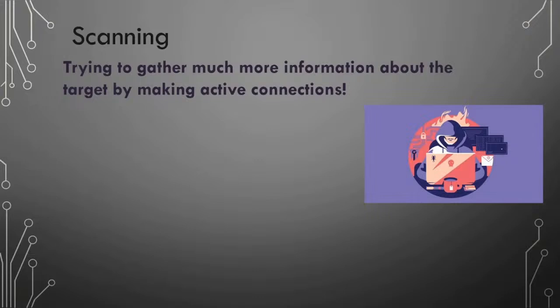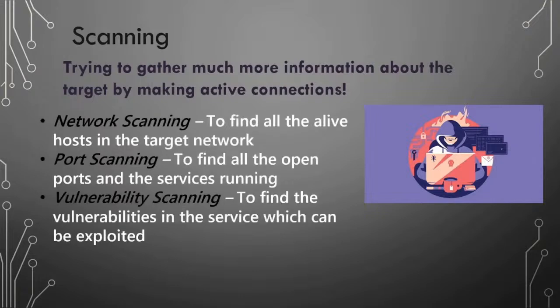Now, when we talk about scanning or enumeration, there are three types of them: network scanning, port scanning, and finally vulnerability scanning. In network scanning, we try to figure out what devices are active on the target network. What operating systems are they using, what servers are available, what client operating systems are there. So trying to understand what devices they are using: IDS, IPS, routers, switches.